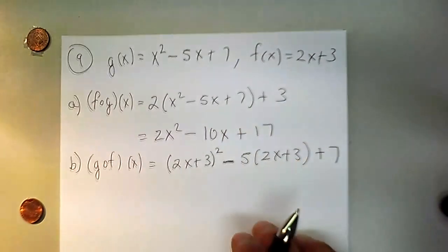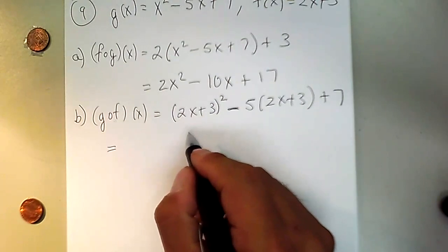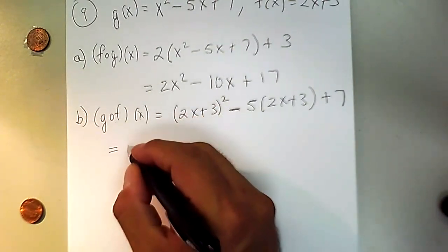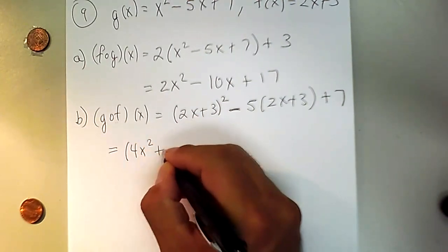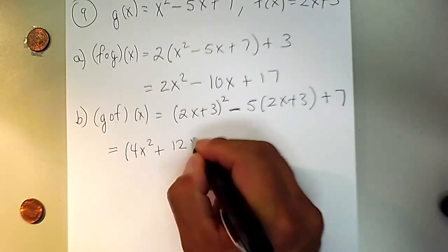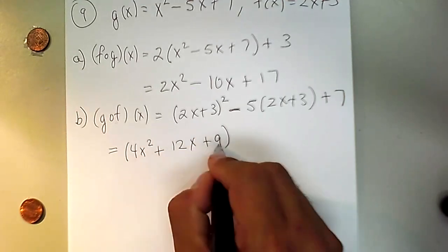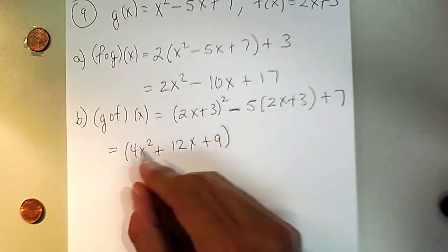Okay. Now it's a matter of computations of polynomials. FOIL this out. So that is going to give us 4x squared plus 12x plus 9. If you don't know where this came from, that squaring, pause the video and figure this out.